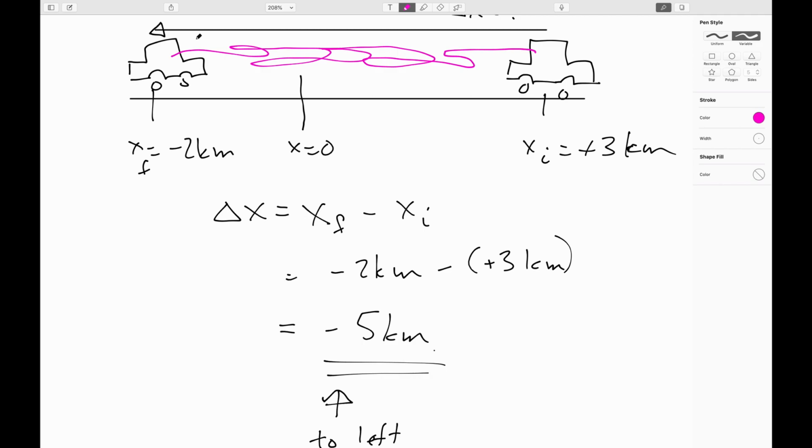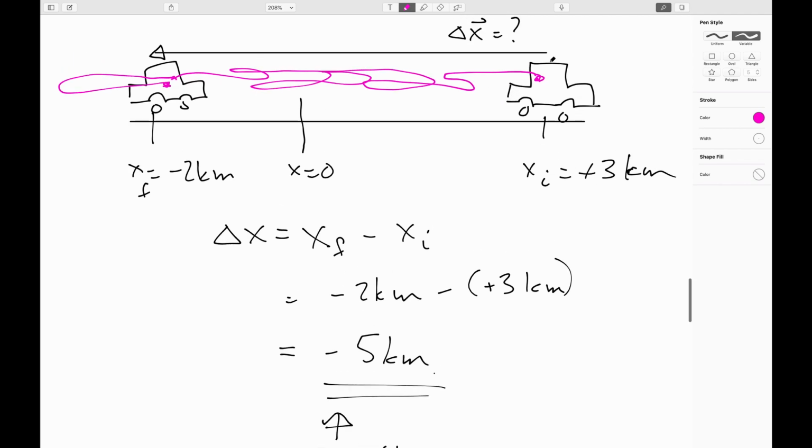Maybe it's 20 or something like that because of all the zigzagging. In fact, maybe it went so far as to overshoot the final position and come back. That's entirely possible too. So displacement is not actual distance traveled. It is just the shortest possible straight line path you can take from the initial position to the final. So in this case, 5 kilometers, negative sign means to the left. We ended up 5 kilometers left of where we started without regard for the actual path for how we got there.